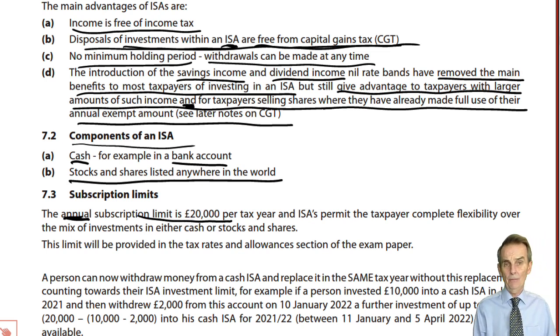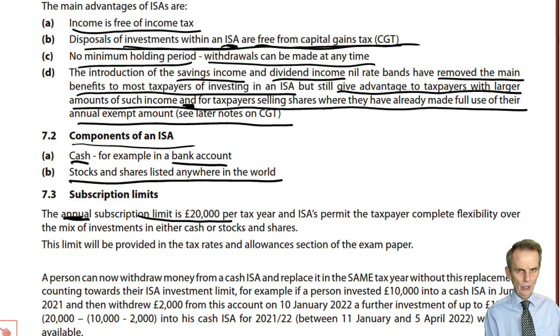So if you've got enough money to be able to invest, either in an interest-bearing account or in shares, knowing that any dividend income from the shares or interest income from the cash deposits is going to be exempt, then year on year, 20,000, 20,000, 20,000, you can build up a significant amount of capital from which the income will be exempt. It would be silly not to use the benefit of such an ISA.